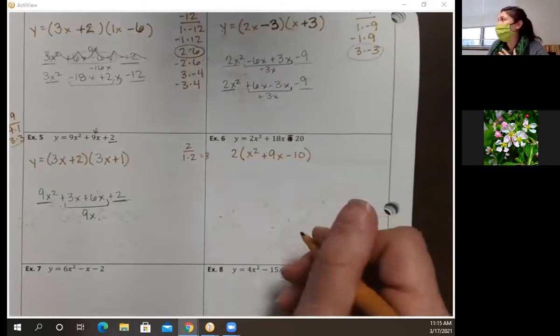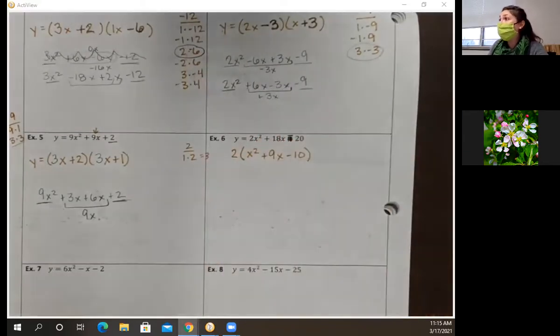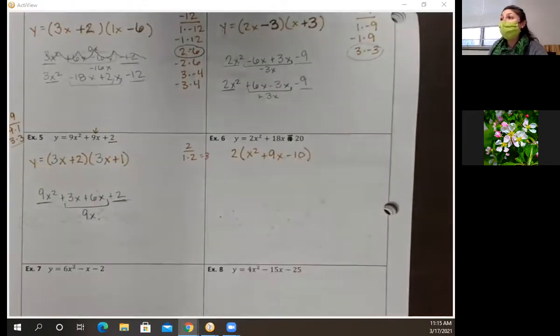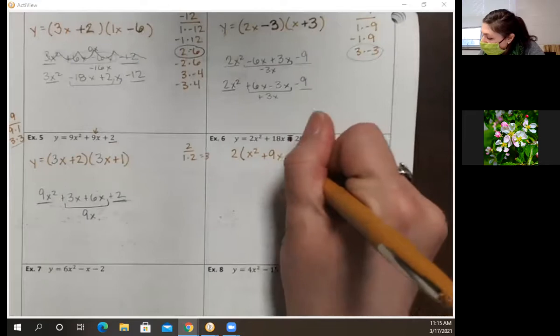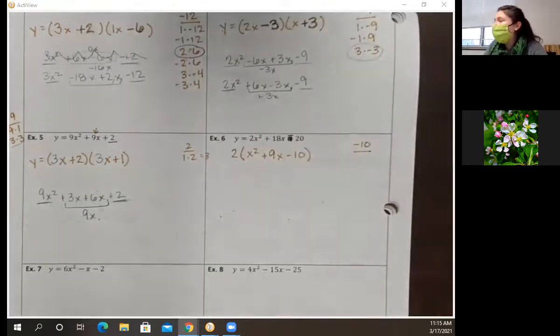I think these are the easier problems when you can pull that lead coefficient out as a GCF, because then the stuff that you're left with, we can factor like we did the first couple of days. So I want factors of negative 10 that add to 9.